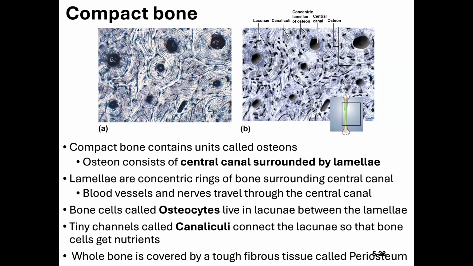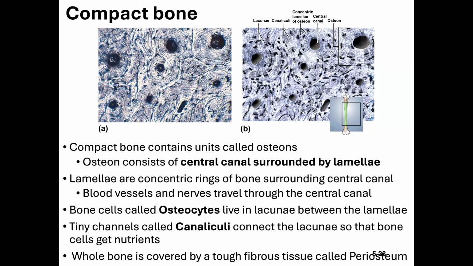And surrounding this, there are concentric rings of bone, but you see some spaces here, and inside the spaces there is something. That space is called lacunae, just like we talked about in cartilage.